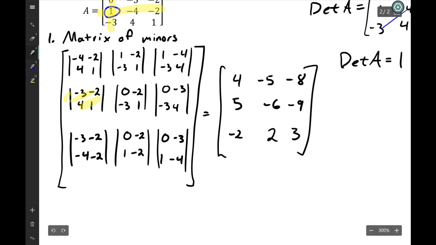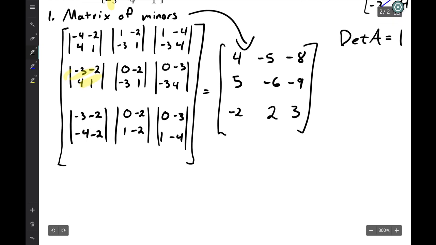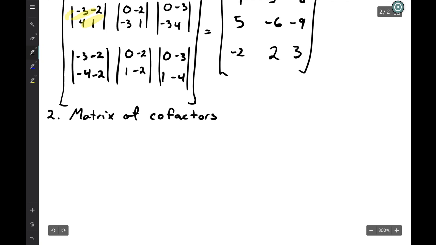Okay, so that is your matrix of minors. That's this thing right here. Okay, then you want to take that and find your matrix of cofactors. So that's using that thing that we did before, that matrix of signs. So matrix of cofactors. Okay, so to do this, you bring down your matrix.